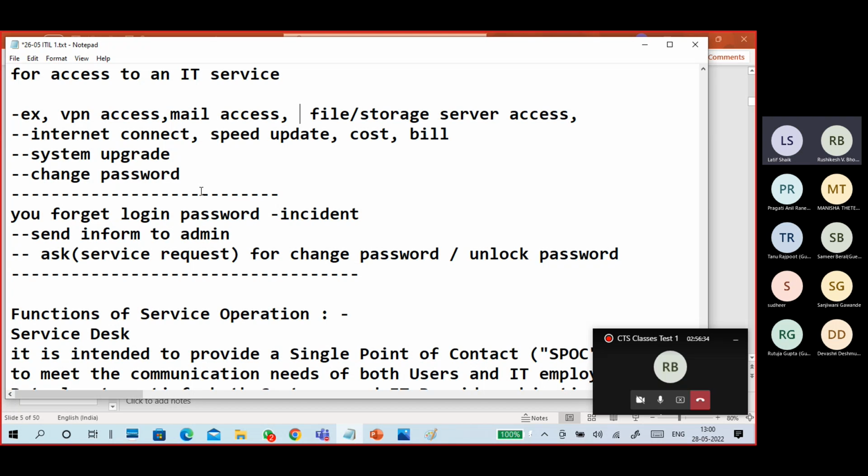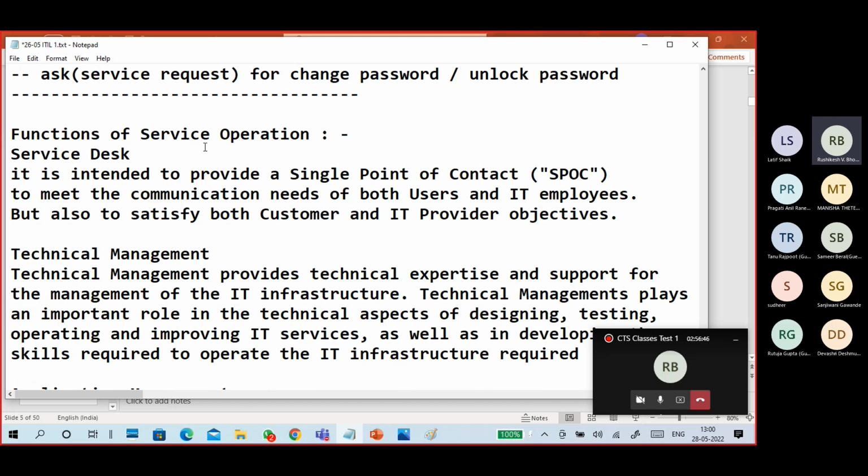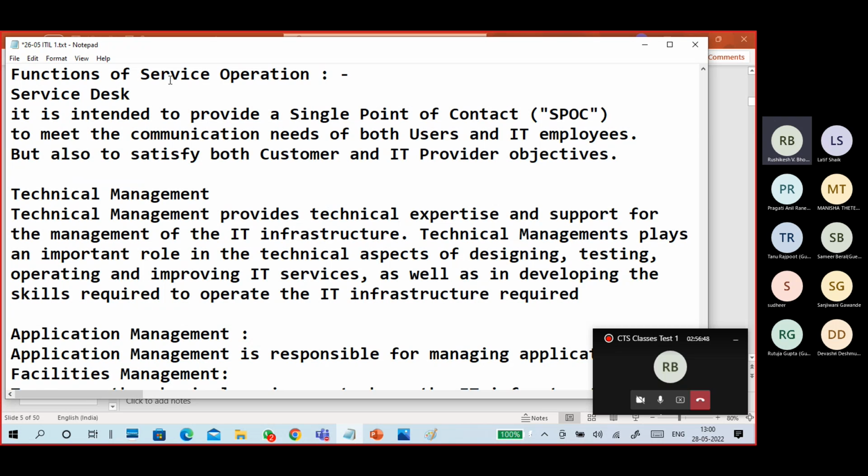So there is change and incident report, change and service request, like that. There is an internal link from one to another. Okay, guys, up to here.